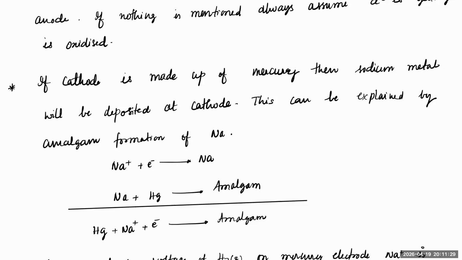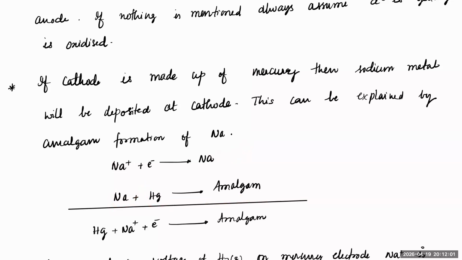And at cathode, the interesting part: instead of the steel electrodes, if we take mercury as the electrode, then sodium has a very strong affinity with mercury to form amalgam. Na plus ions will get reduced into sodium metal, and that will immediately mix with mercury and form amalgam.